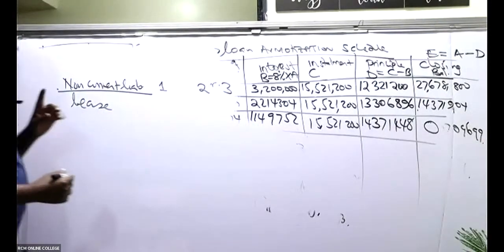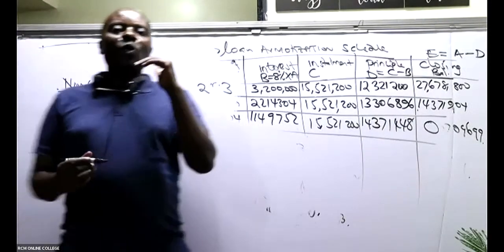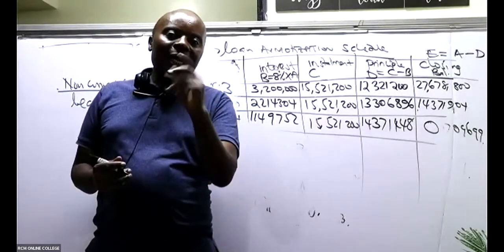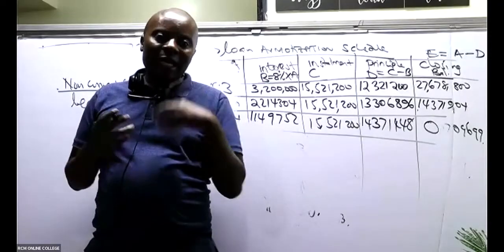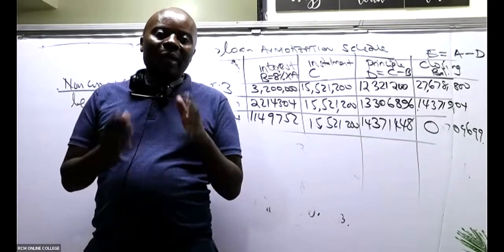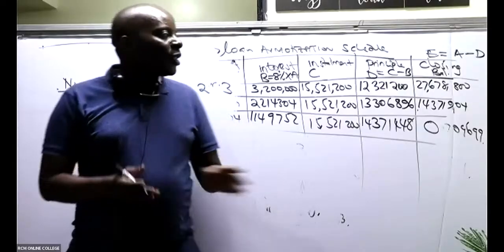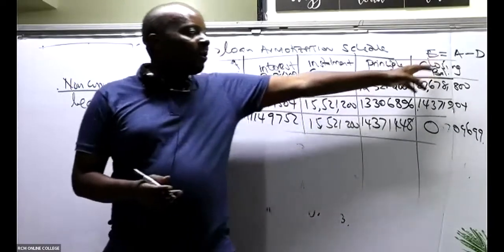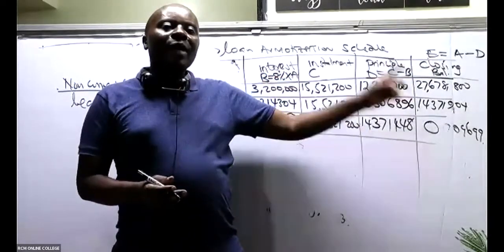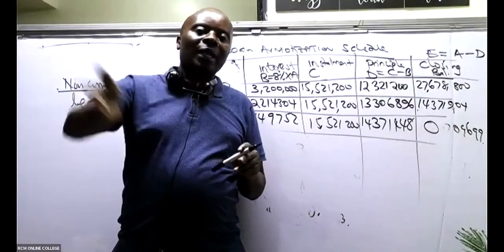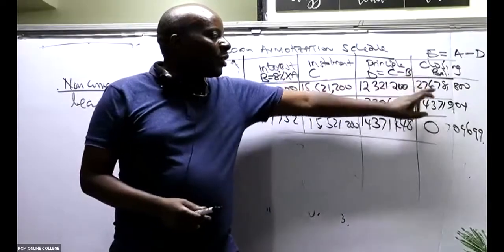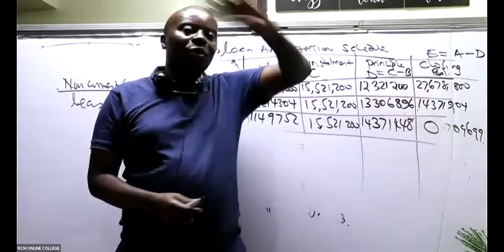You see, non-current means that we are going to take more than a year to pay. Any liability which spans more than a year is not current. Current is what will be paid within the year. So the first non-current liability is the one that is going to take us more than a year to pay. This one here, 14, second year and onwards.